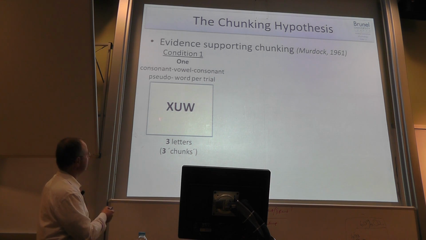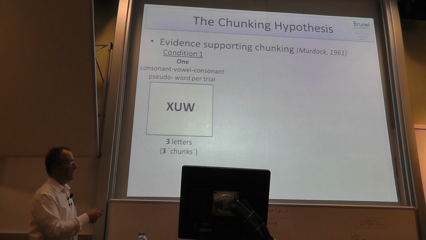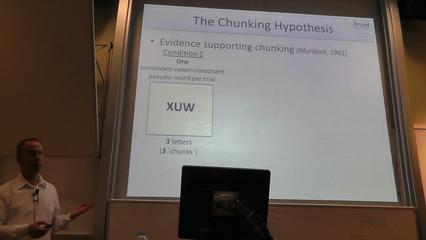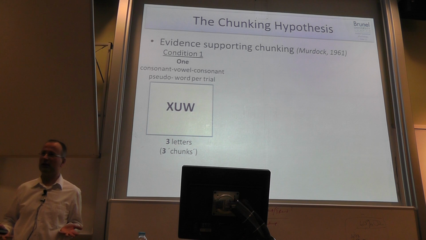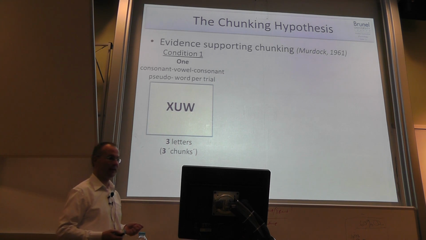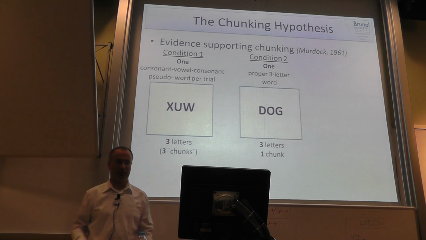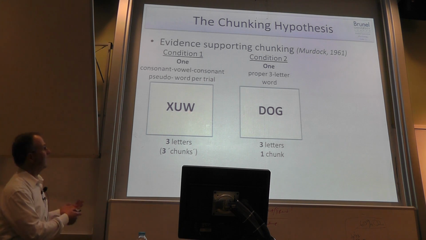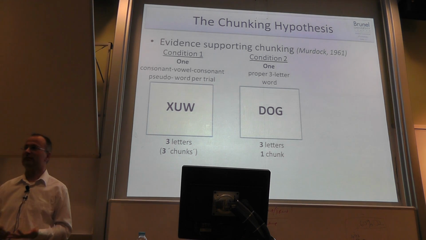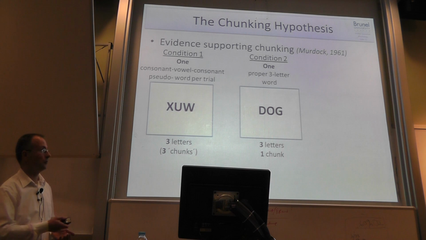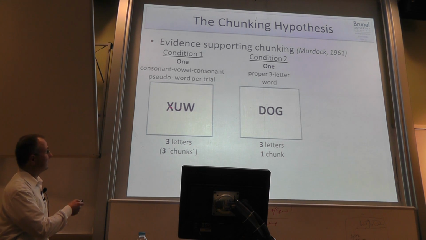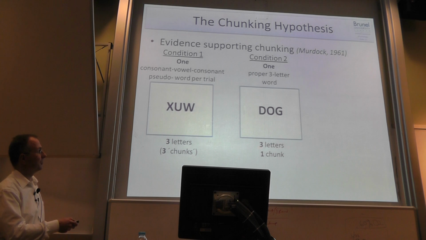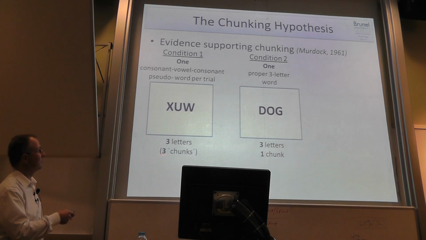And in the first condition, they always had these 3 letters, and because you can't group them into a word, you could say you have 3 chunks of information. Then you have a second condition, where you again get 3 letters, but this time it forms a proper word, like dog in this example. So here you have 3 letters, but you only have 1 chunk instead of 3 chunks.